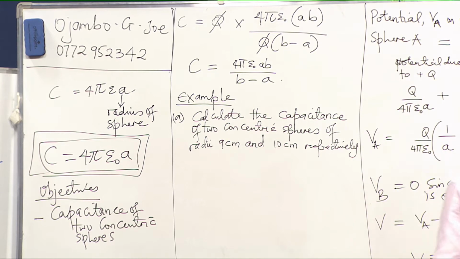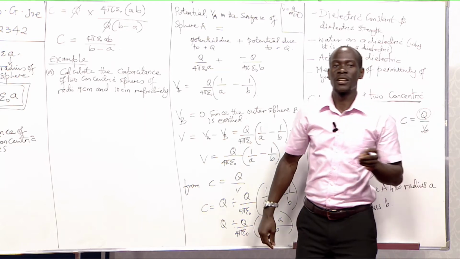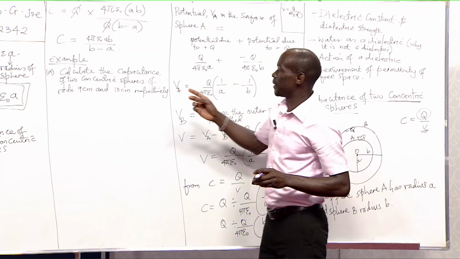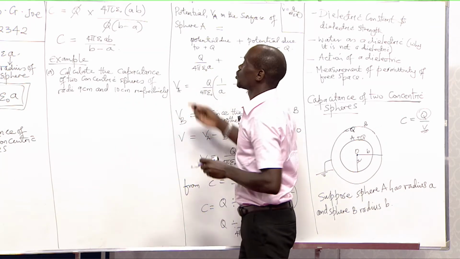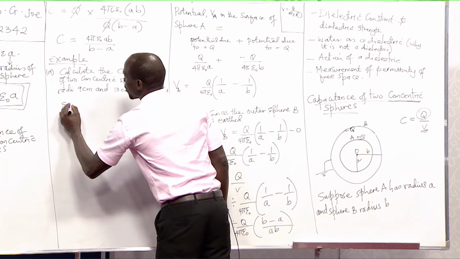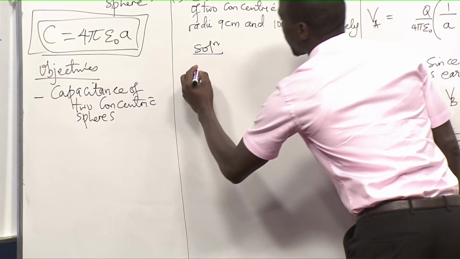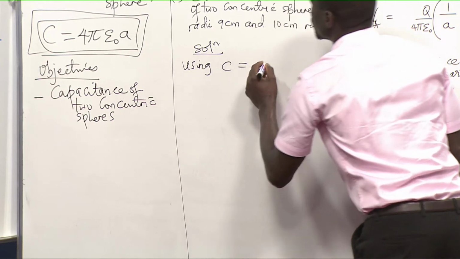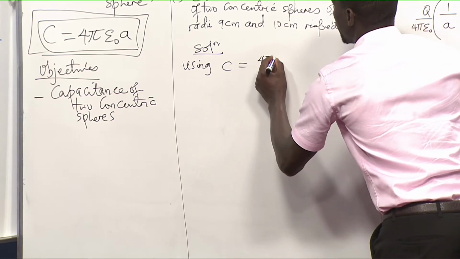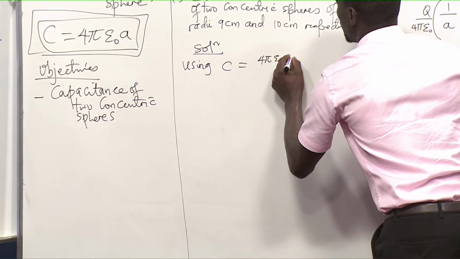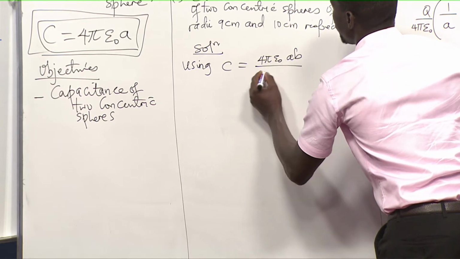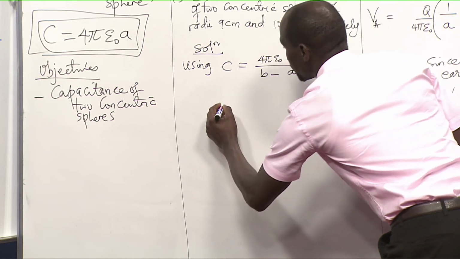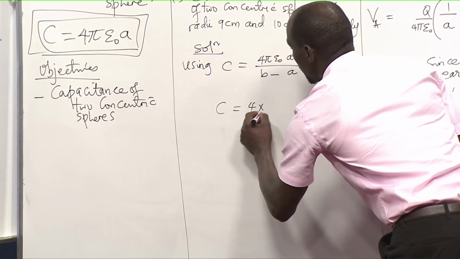So what do we do in this case? We know the formula. It will be the relationship which we have got. So in our solution, we can say using C equal to 4 pi epsilon naught AB over B minus A, we can right away substitute and have 4 times pi.